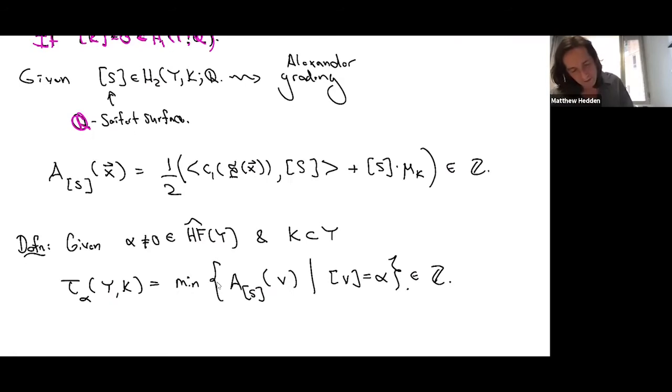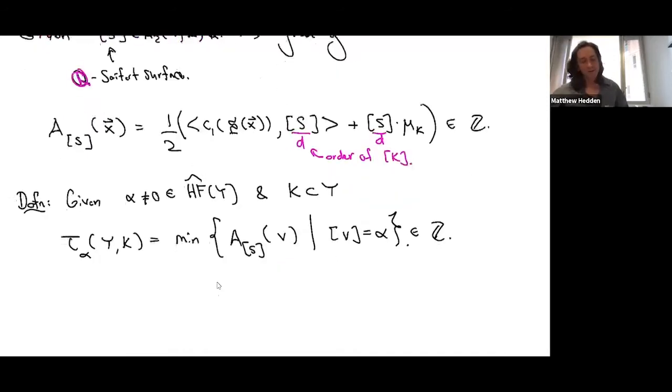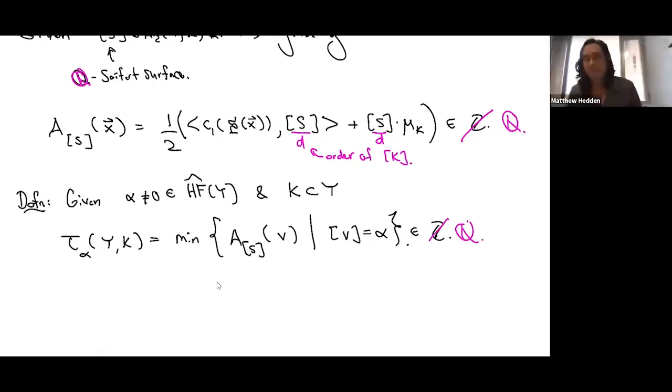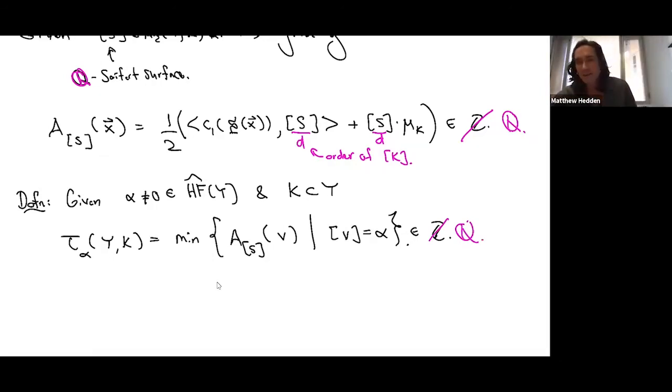So what I do then is I divide these terms by the order of K. And so as a result, this is no longer an integer, but this is a rational number. So associated to null homologous knots, we get integers, and associated to rationally null homologous knots, we get rational numbers.